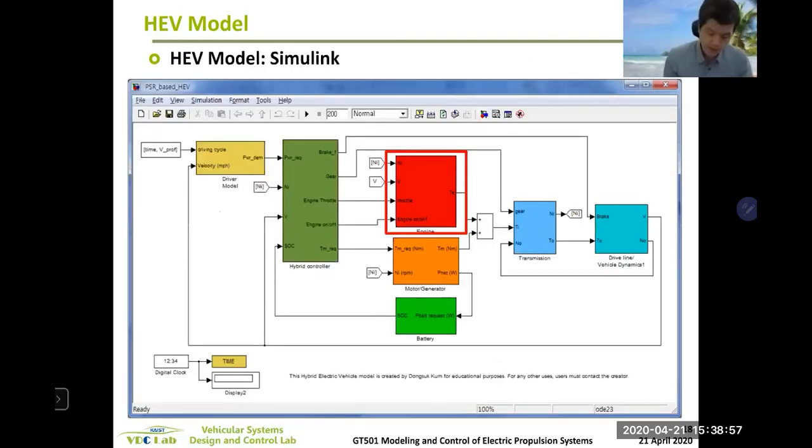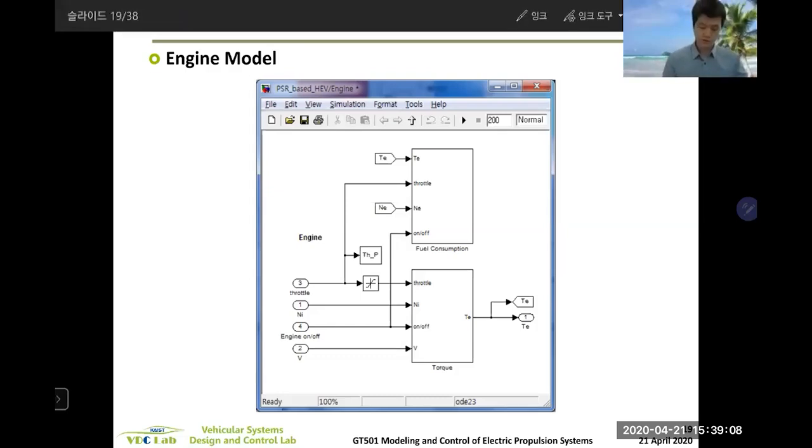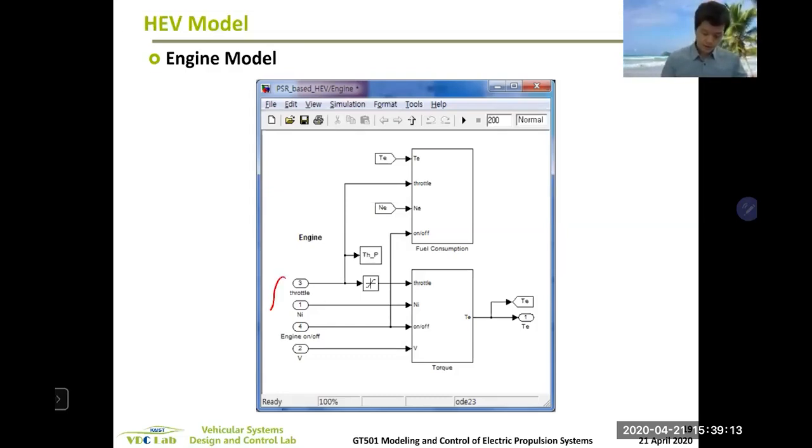And now let's look at the engine model. So the engine model has two parts. One is torque and the other one is fuel consumption. So once you command throttle, you can compute torque and fuel consumption.